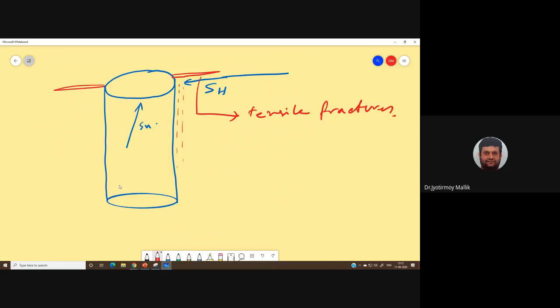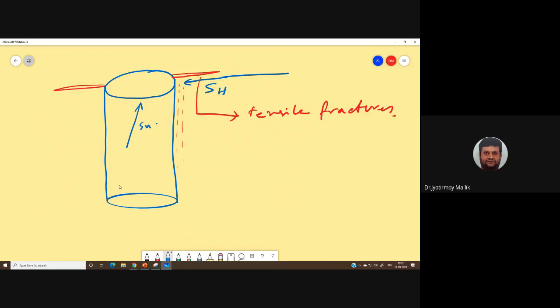They are not shear fractures, they are tensile fractures. What is tensile fracture? What is shear fracture? We will study them in detail. But for the timing, remember they are like a single fracture, and happen parallel to the S capital H.